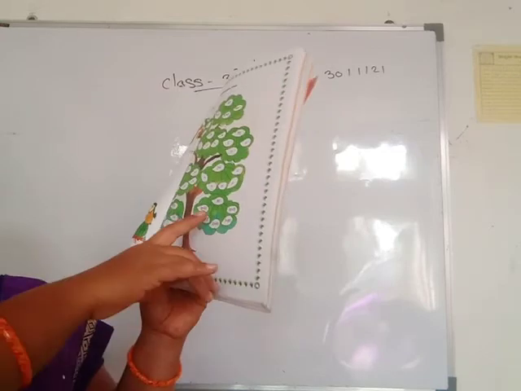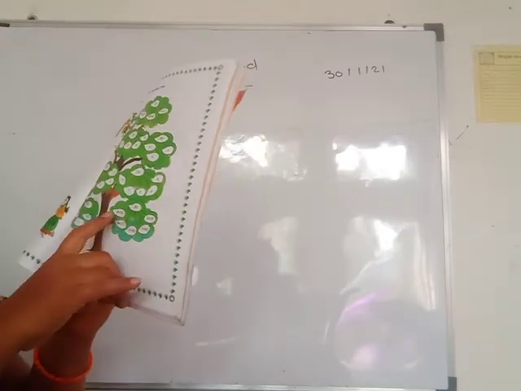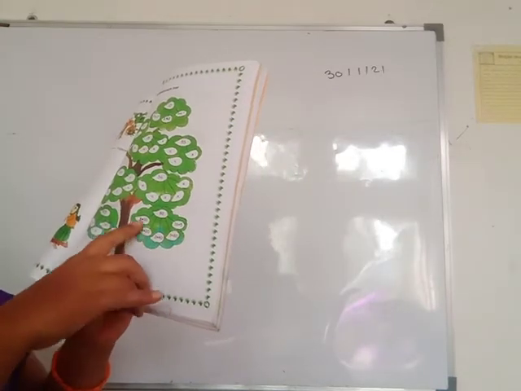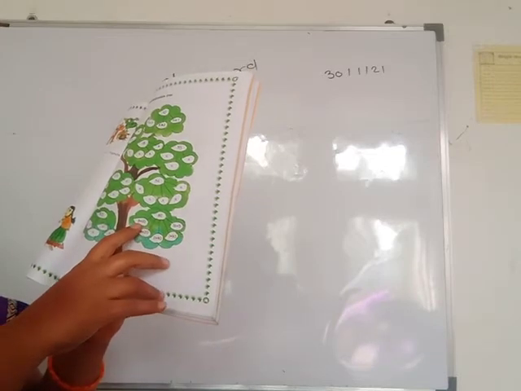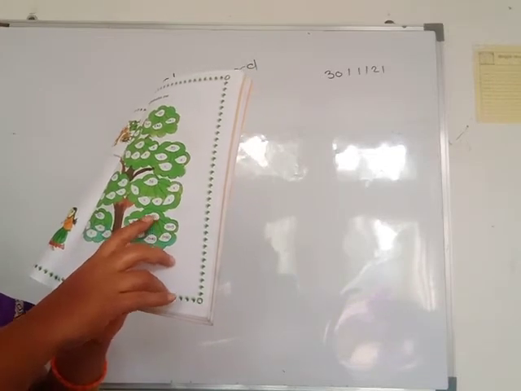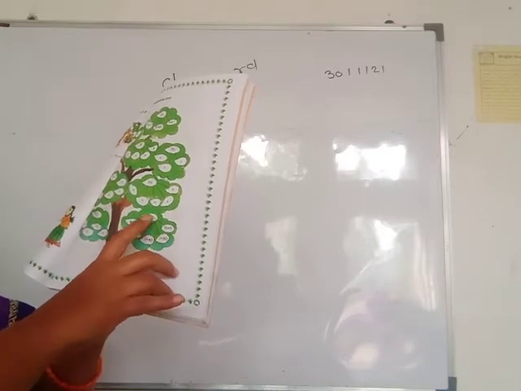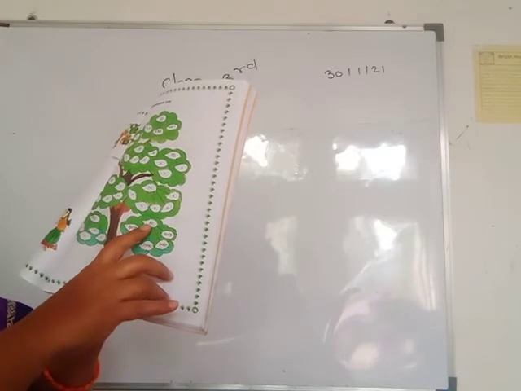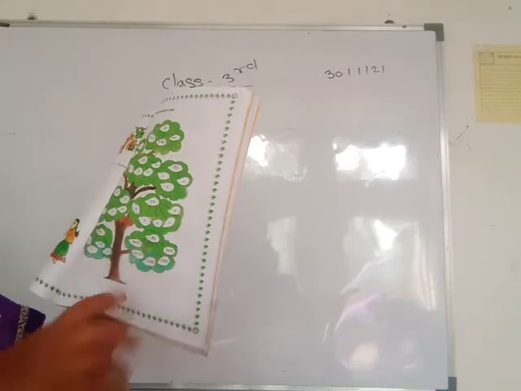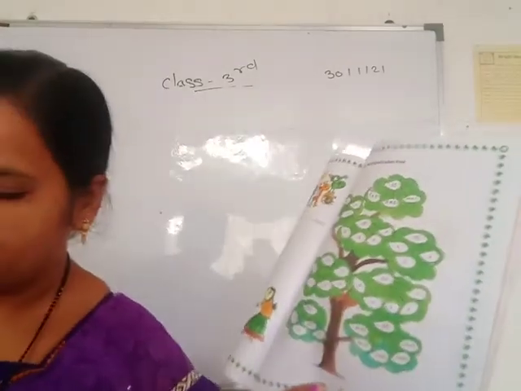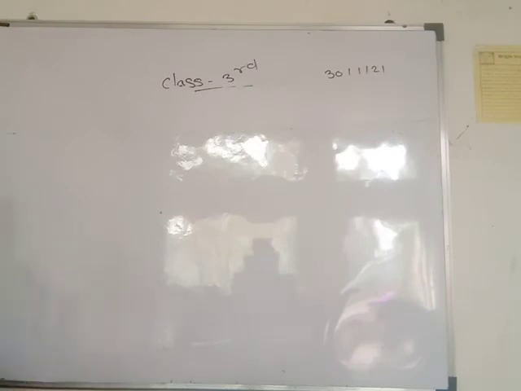Then the last number given is 80, and the multiplication of these numbers is also given here: 8 into 10 is 80, 4 into 20 is 80, 2 into 40 is 80, 1 into 80 is 80, 16 fives are 80. See these numbers. You write the multiplication tree of these numbers.